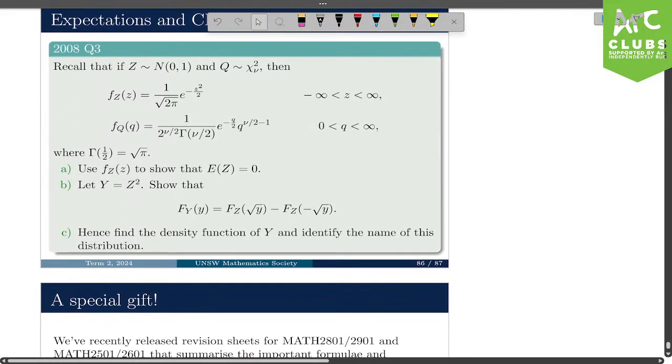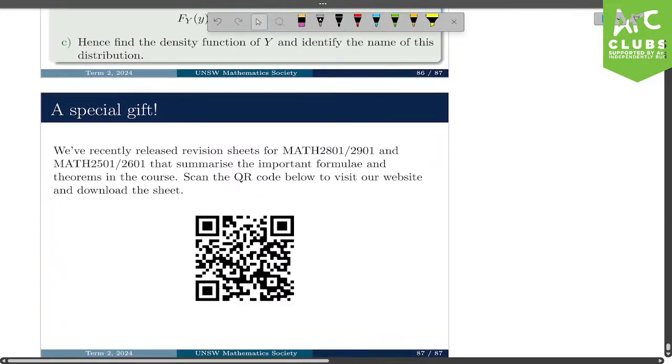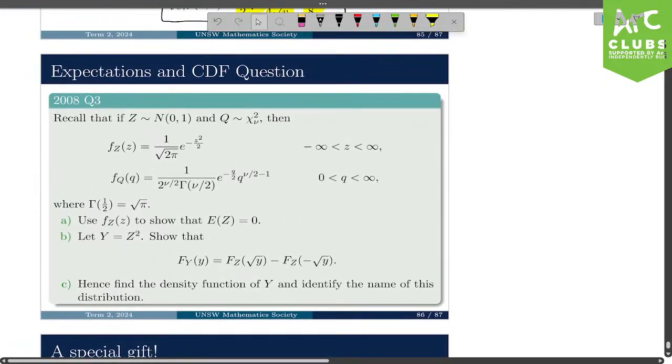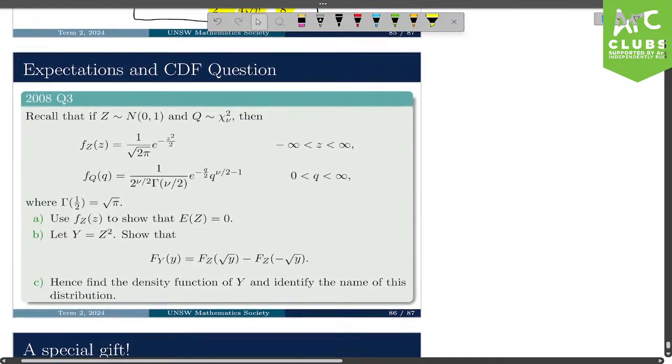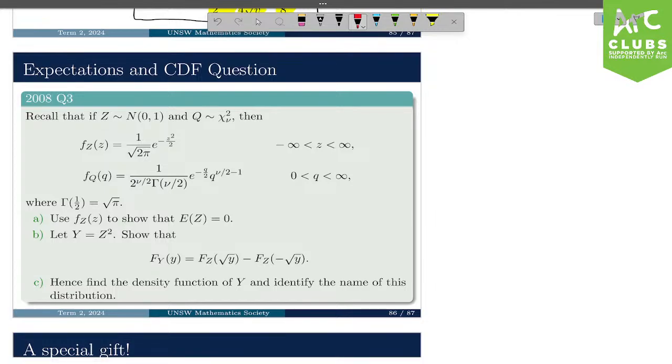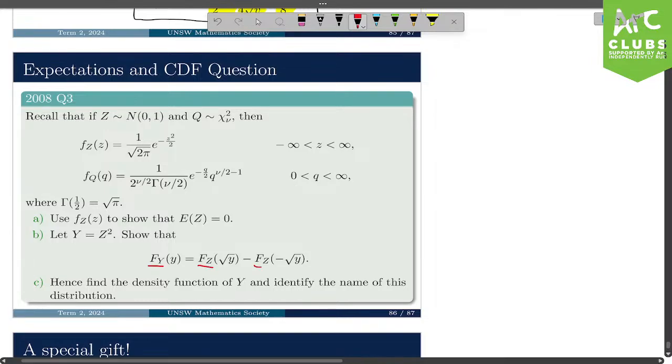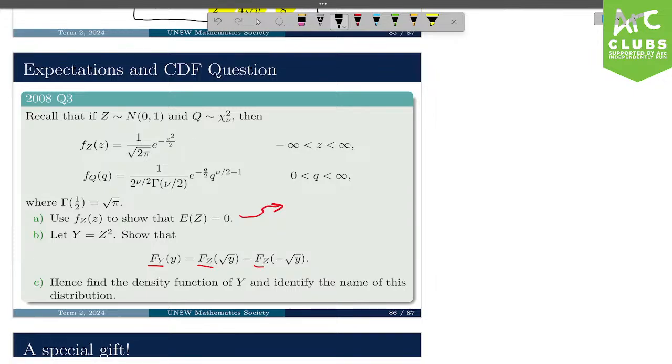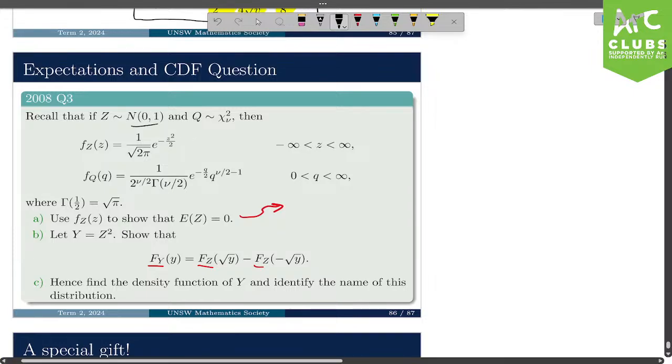Now, this is the final question before a little special gift, okay? Sorry, I lied before. Essentially, this question is dealing with more of our CDF kind of transformations of variables. So, first off, how do we show that the expected value of the normal distribution is 0?